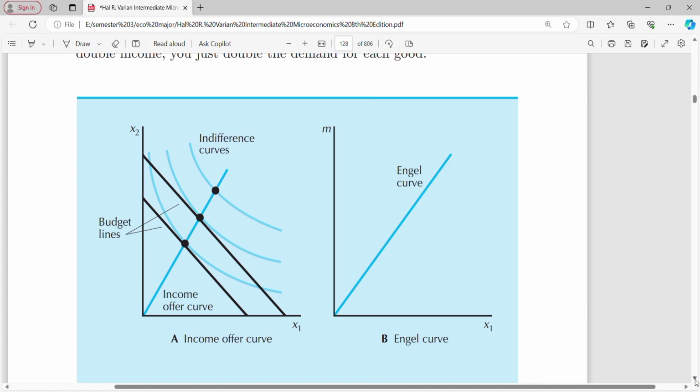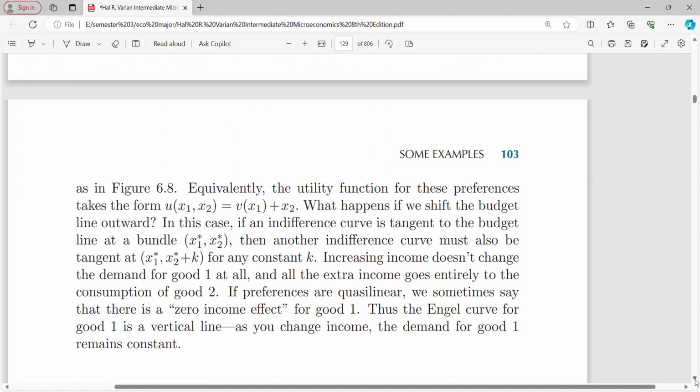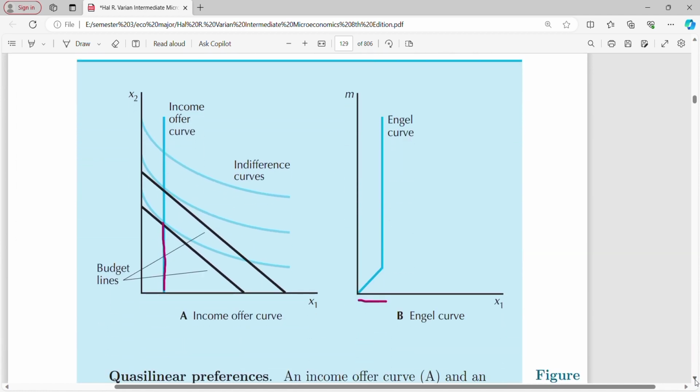That's it. So that is homothetic preference, and an exception to homothetic preferences is the quasi-linear preferences. For this you need to be thorough with the concept of quasi-linear preferences. I'll explain one real life example so you can remember it faster.